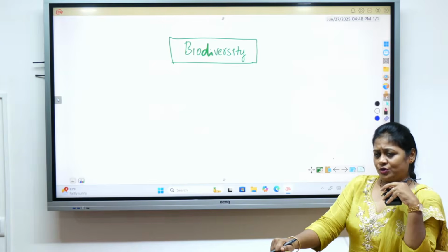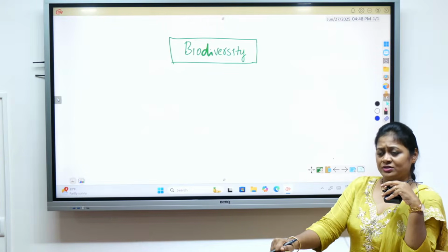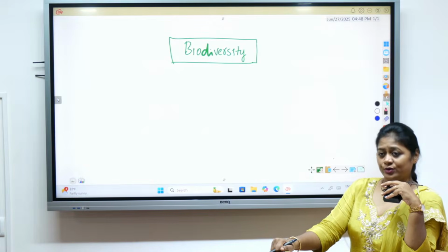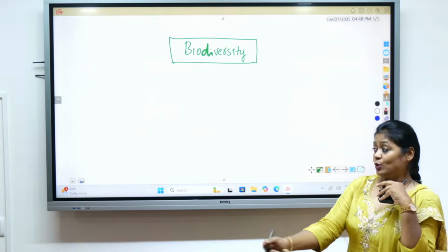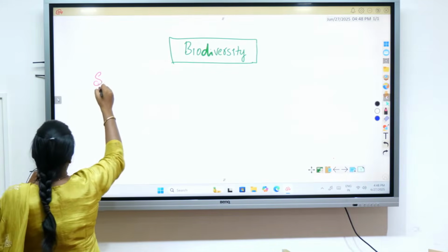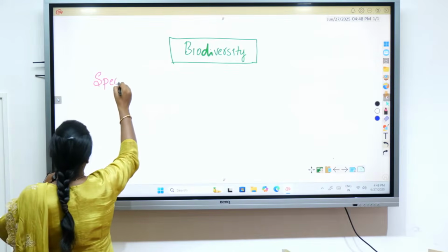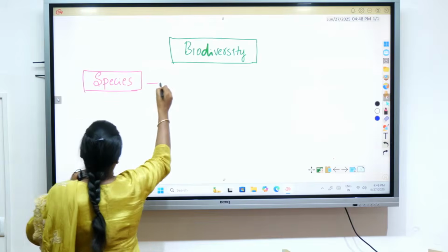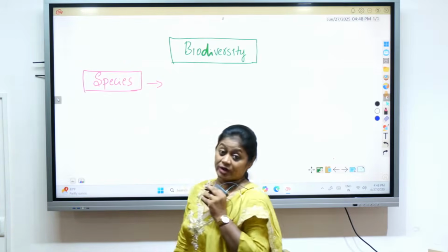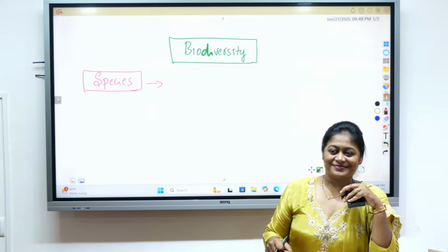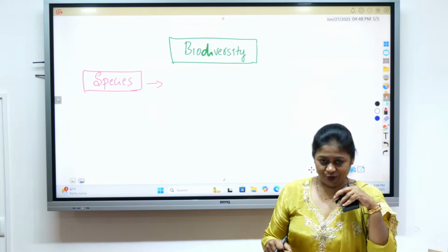Before coming to this chapter, I just wanted to know a few keywords related to it. What do you mean by species? The word species keeps repeating in this chapter. Then how are we going to define it? What are species? A group of individuals, very good.